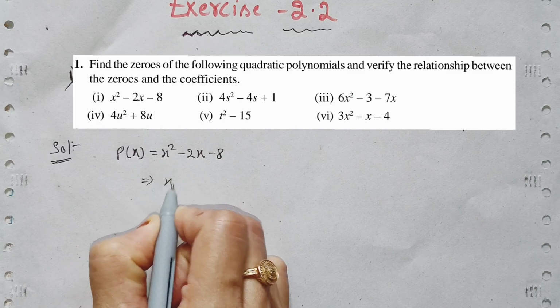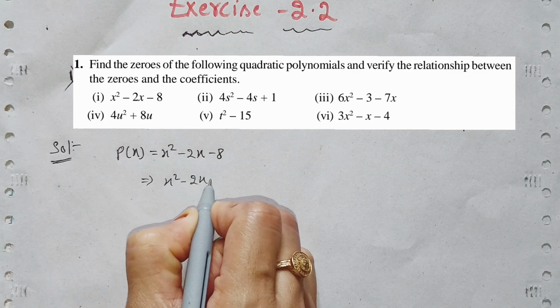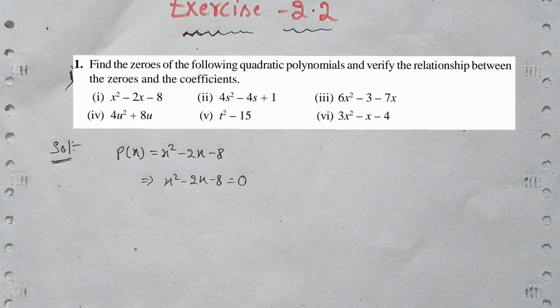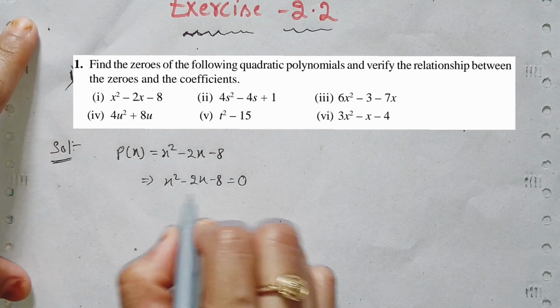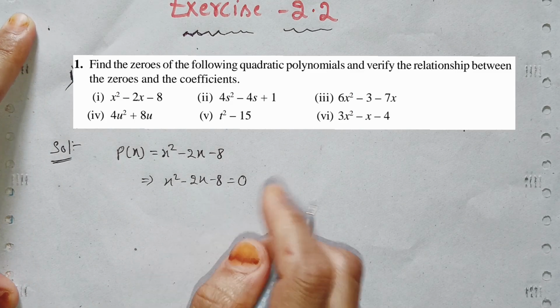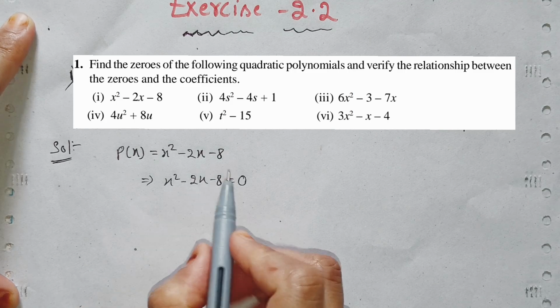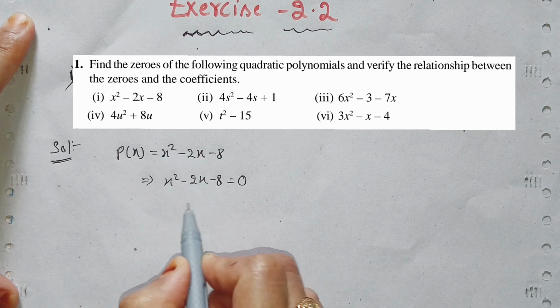So x square minus 2x minus 8 equal to 0. If you see this polynomial, this is a quadratic expression, so here we are just going to split the middle term.